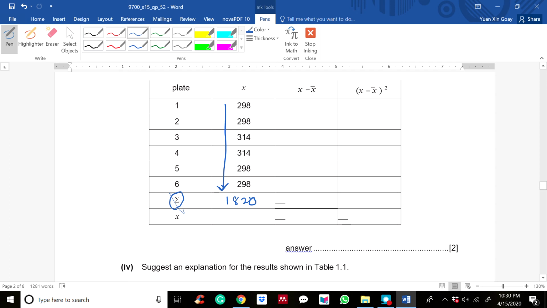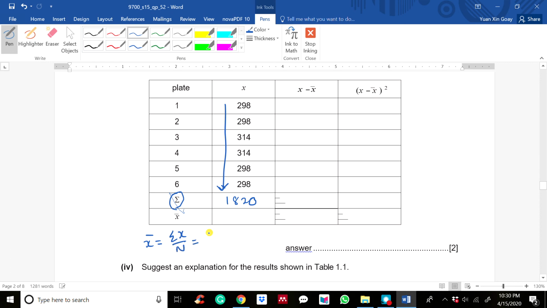Then you can calculate the mean. Now mean equals to the sum of all the observations divided by the number of observations.